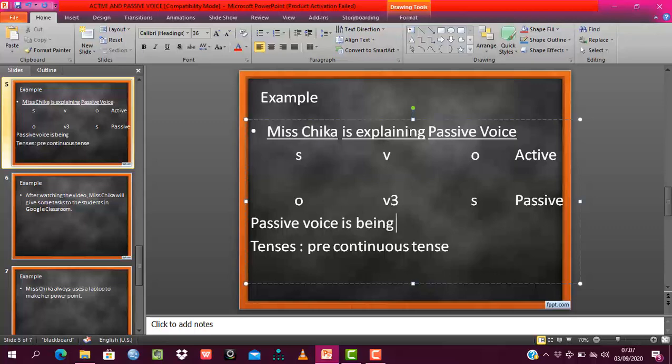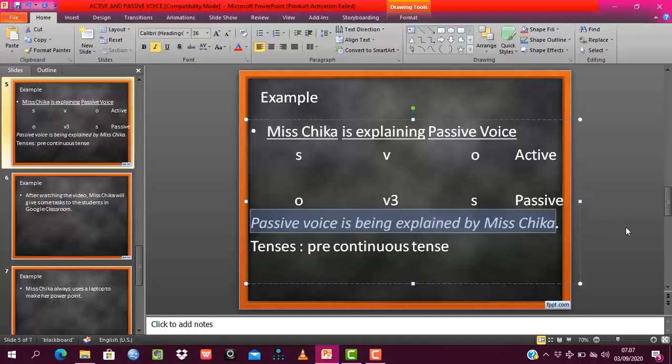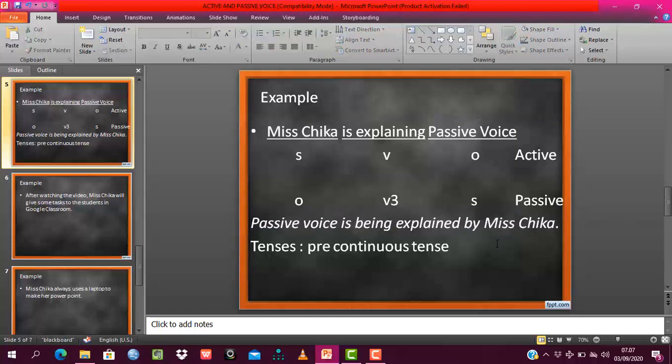Because explaining, and then explain, you must change into verb 3, become explained. Then by and then the subject, Miss Chika. This is the answer.